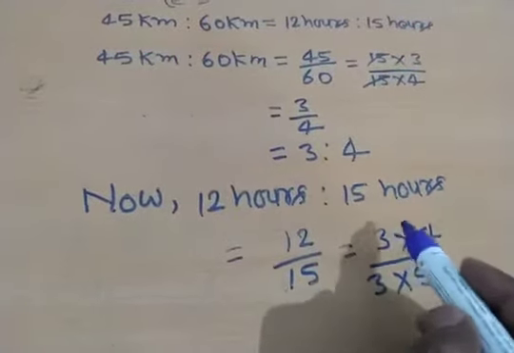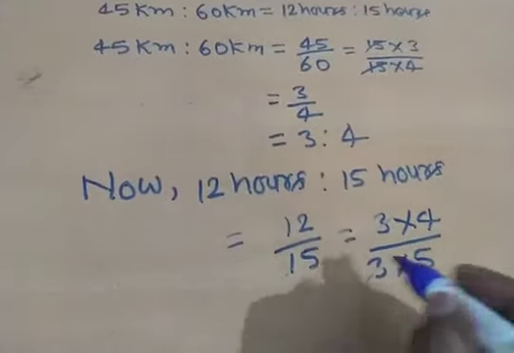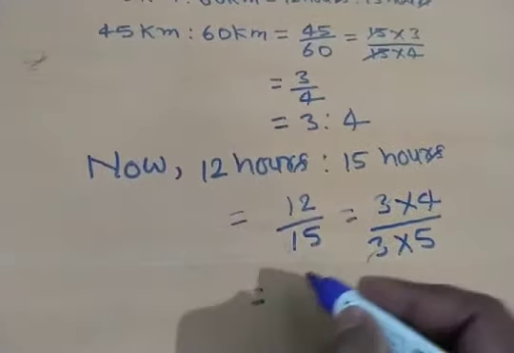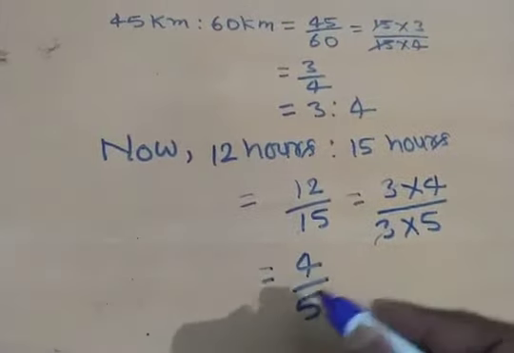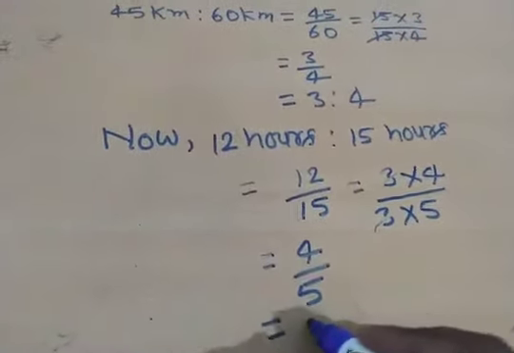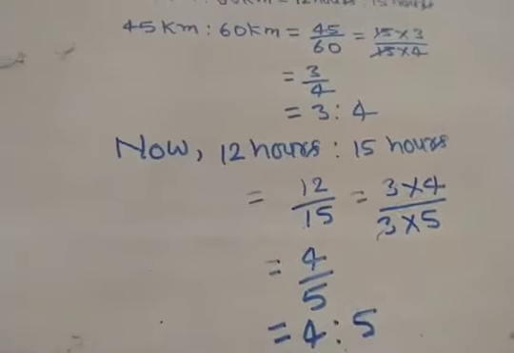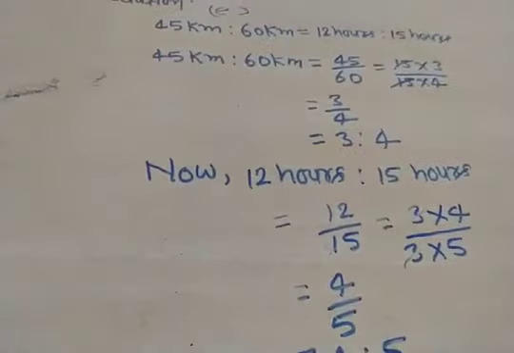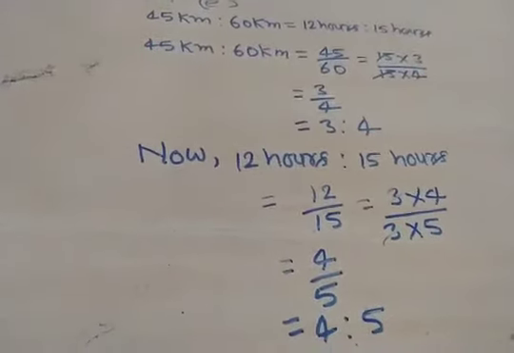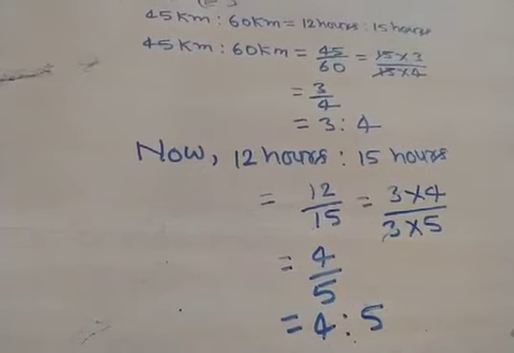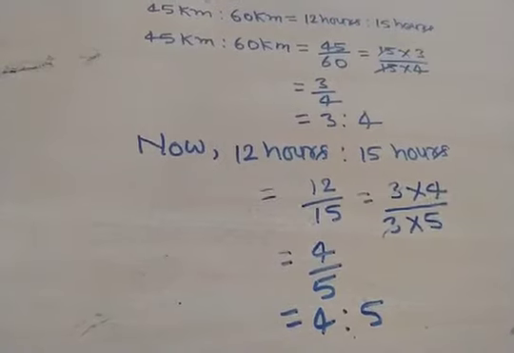So here you can see 3 is cancelled. We obtain here 4 by 5. So this is equal to 4 ratio 5. So from the above discussion, what do you think about that? Is this true or false? Tell me your answer in the comment.